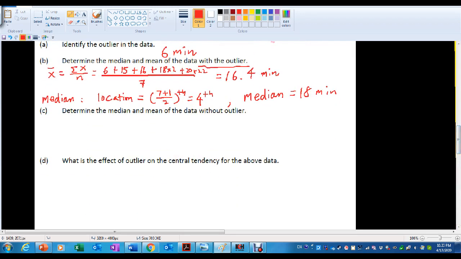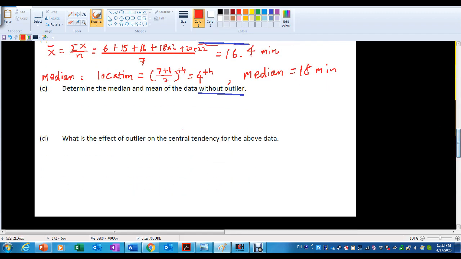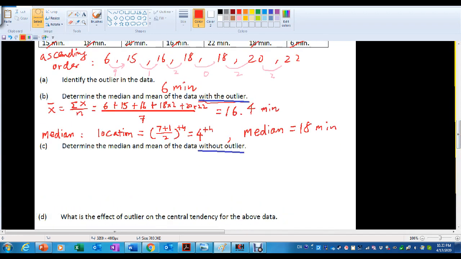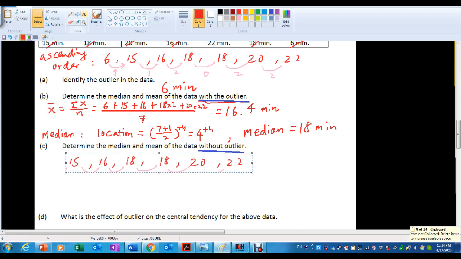Alright, determine the median and mean without the outlier. So with the outlier, without the outlier. Possibly we need to rearrange a little bit of our data, because I need to delete that outlier.